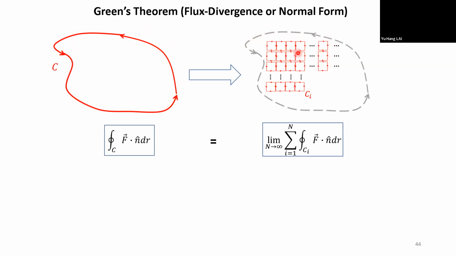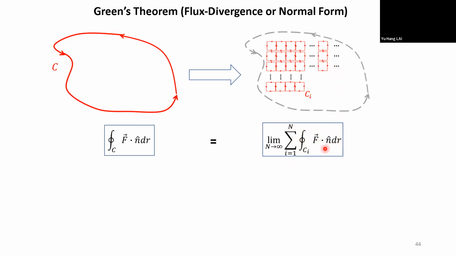So the total region enclosed by all the small loops is just equal to the region enclosed by this big loop C. Okay. So then my flux integral across the entire boundary C is equal to the sum of all the flux integrals for all these small loops here. Okay.